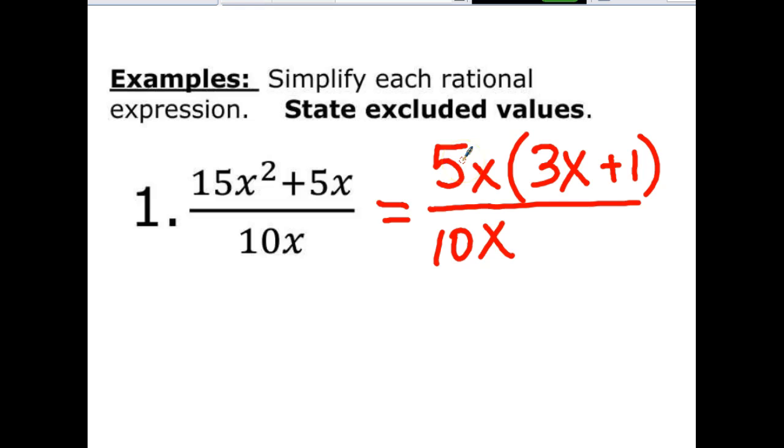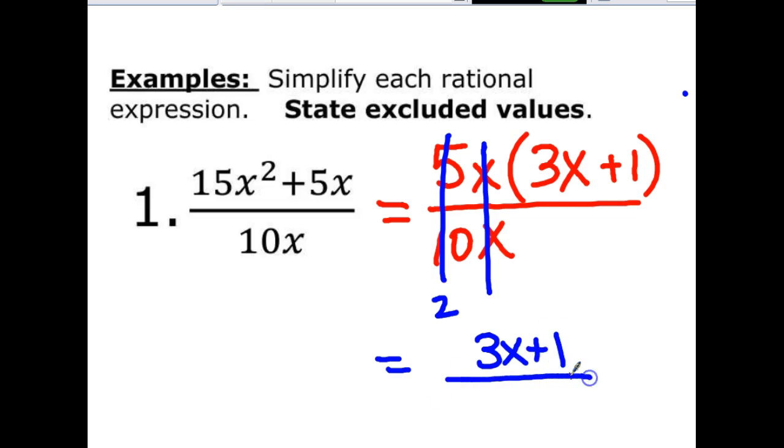So this is a factor. So now I can go, that's the canceling sound. Sound effects on this. Okay, and so our final answer is 3x plus 1 divided by 2. That's what's left when everything's canceled.